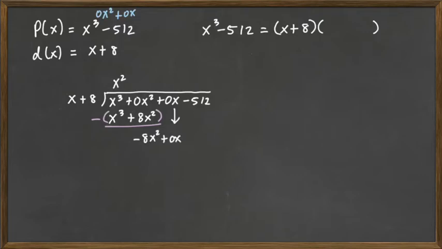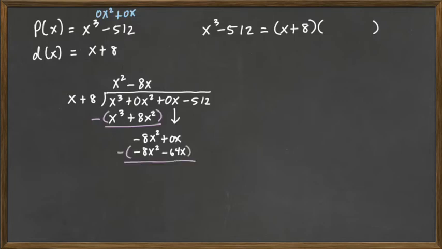Now we'll want to bring down the next term, and we'll repeat the process. We'll look at our leading terms, and ask ourselves what times x is negative 8x squared, and that would be minus 8x. Then we'll multiply that times our divisor. We get negative 8x squared and minus 64x.